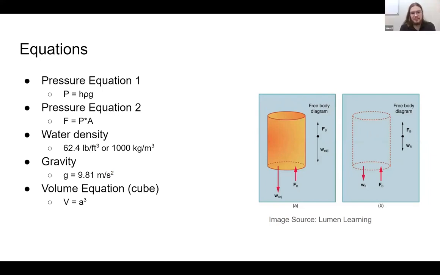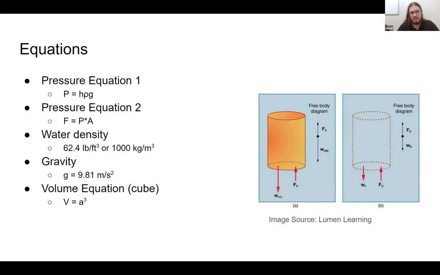All right, so here are some of the equations for some of the things that Charles just spoke about. We have a couple of equations that have to do with pressure. The first one is what he was describing: pressure equals H times rho times g, where H is the depth of the object into the water, rho is the density of the water or whatever fluid you're using, and g is the gravity constant, or acceleration due to gravity.